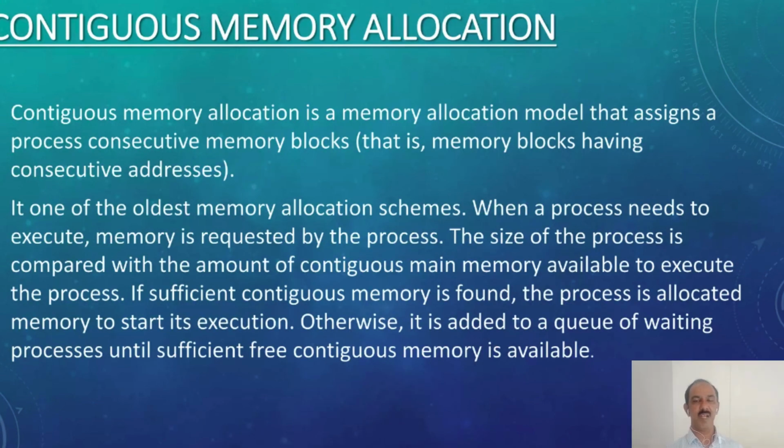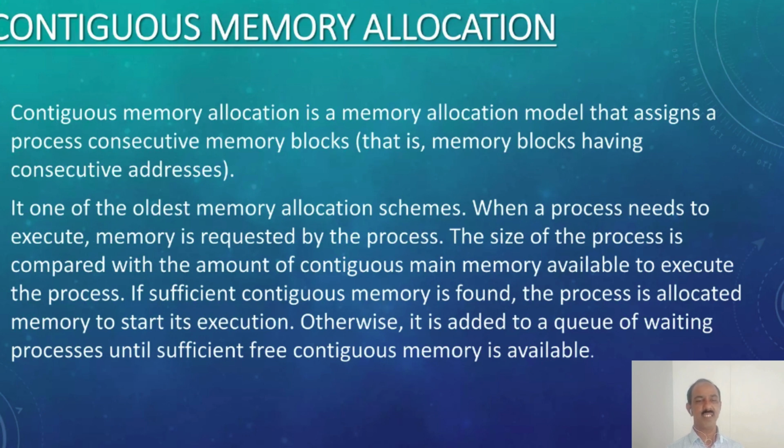Now, we'll see continuous memory allocation one by one. Continuous memory allocation is a model that assigns a process memory blocks having consecutive addresses. It is one of the oldest memory allocation schemes.